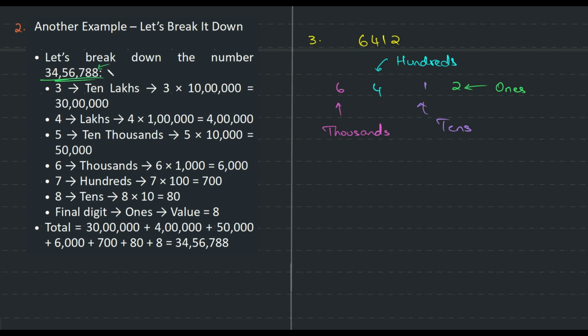So 8 is in ones, and then we have tens, then 100, 1000, 10,000, lakh, and 10 lakh. So 3 is in the 10 lakhs position, 4 occupies the lakhs position, 5 occupies the 10,000 position, 6 the thousands position, 7 the hundreds position, 8 the tens position, and finally we have another 8, it's in the ones position. And so the number.